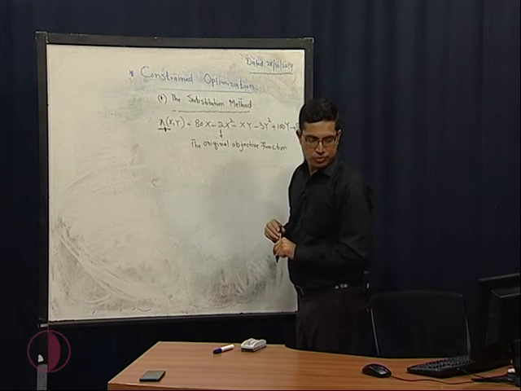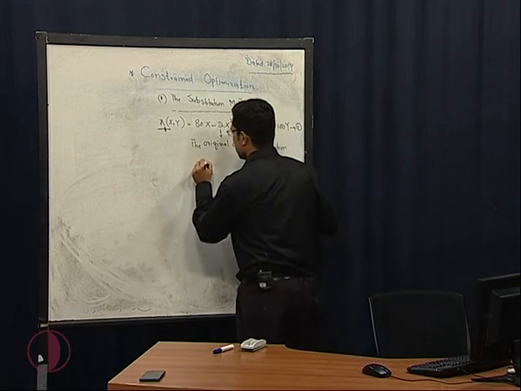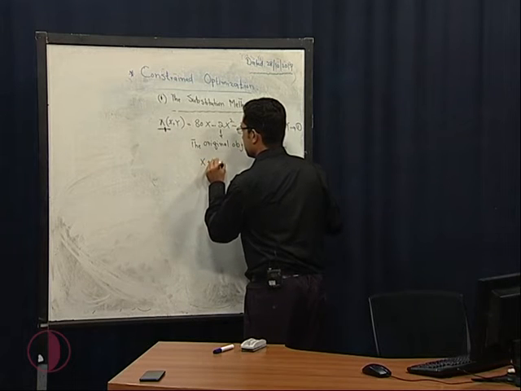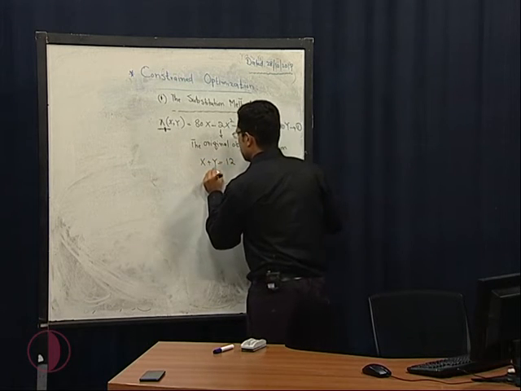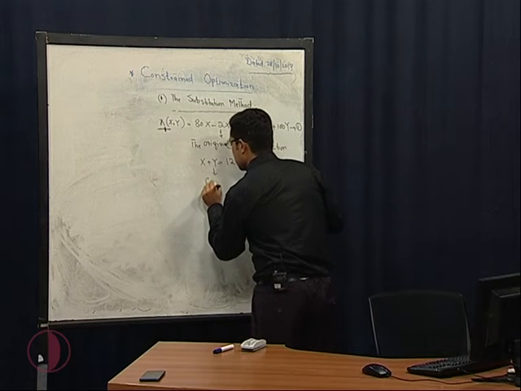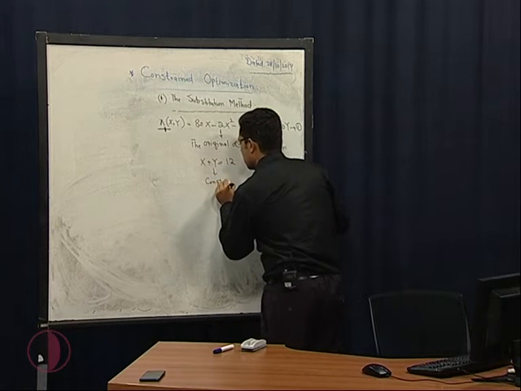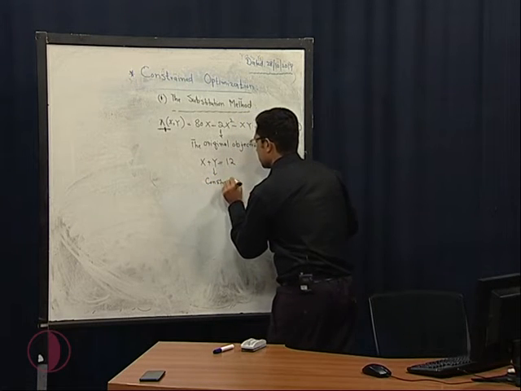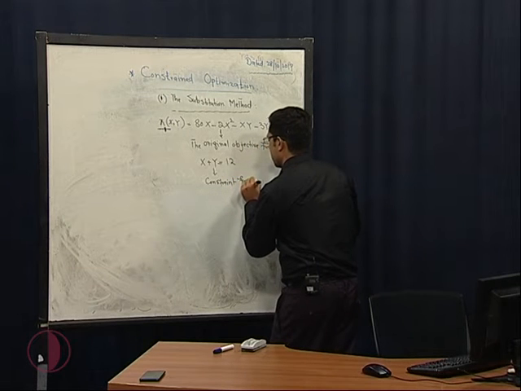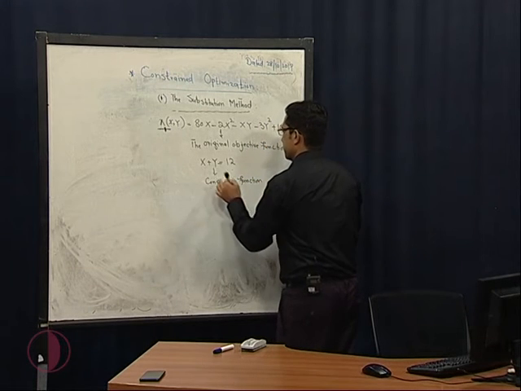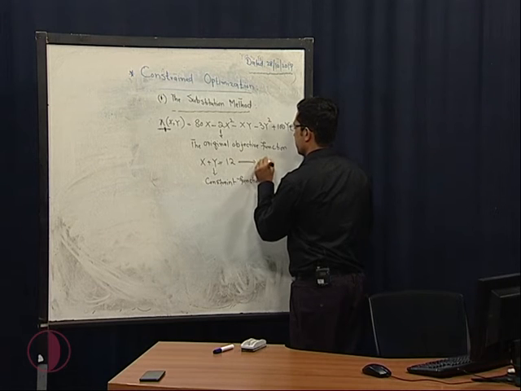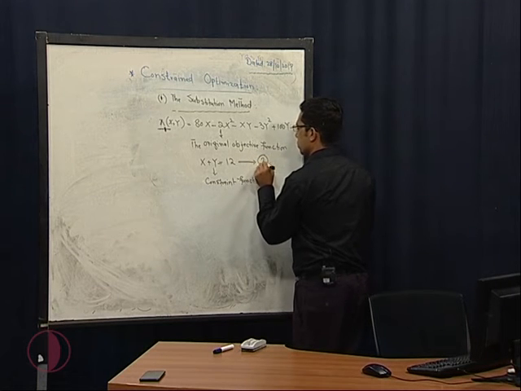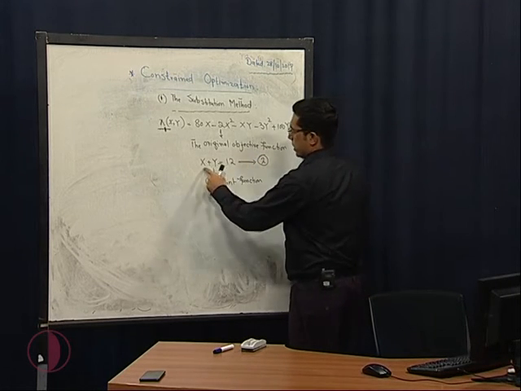Let me write the constraint function. x plus y is equal to 12. This is known as the constraint function. Let me call it equation 2. What does it mean?